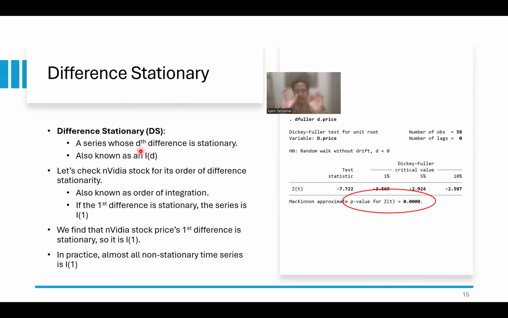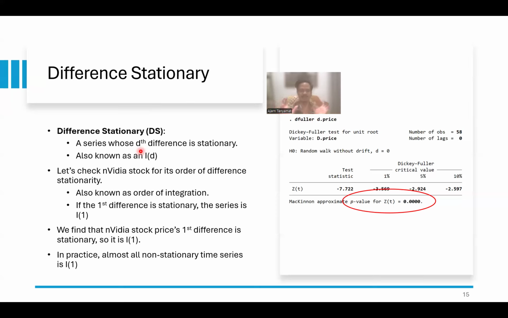Third order would be the difference in the difference in the change. It gets a little harder to wrap your head around, but it's not about taking the difference with further lag values. It's about measuring the change at a higher order.